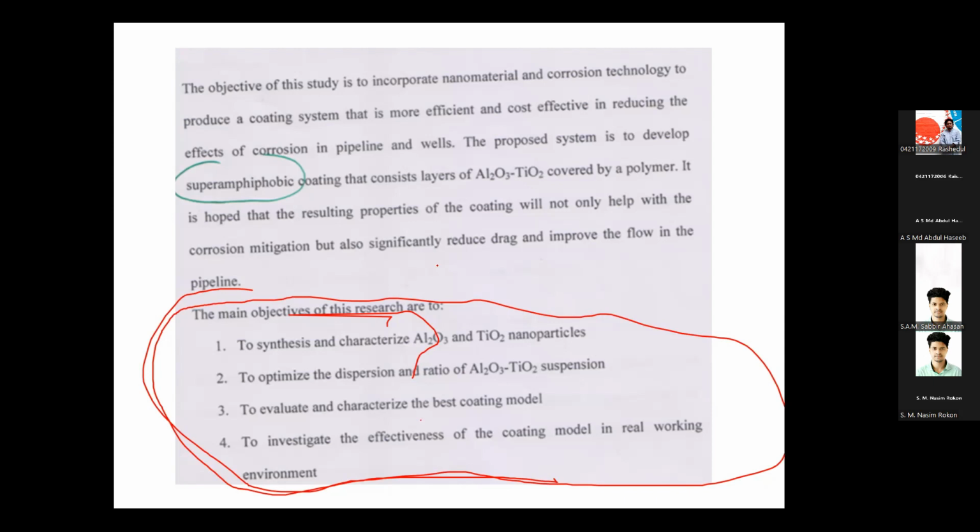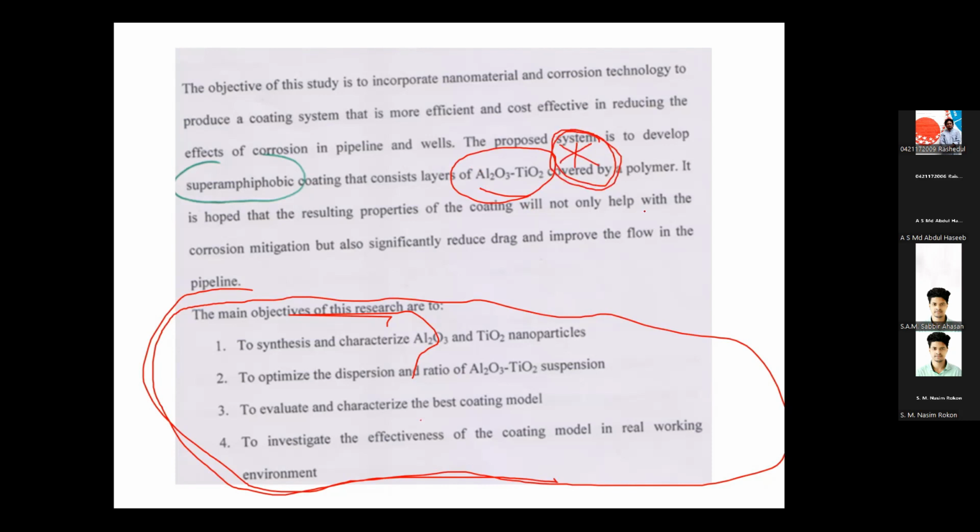Don't worry. Yes. In this introduction, aluminum oxide and titanium oxide, why the research about them, what people have done before is not specifically mentioned. And where is the research gap? It is not clear.